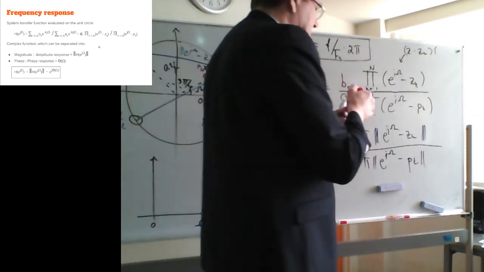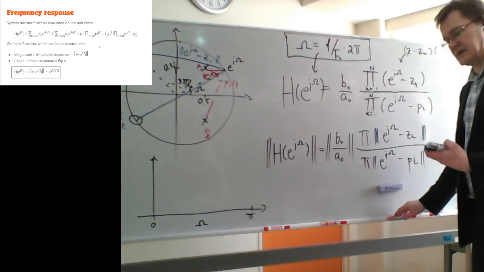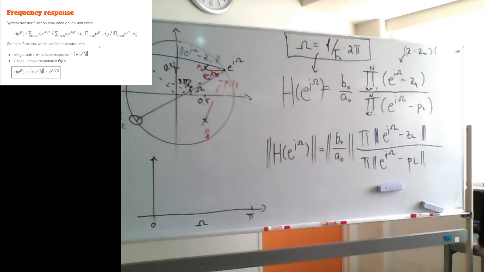So those are just the ratio of the product of distances to zeros divided by the product of distances to poles.